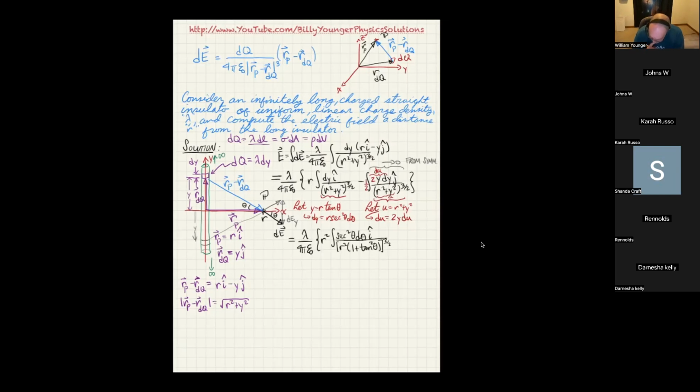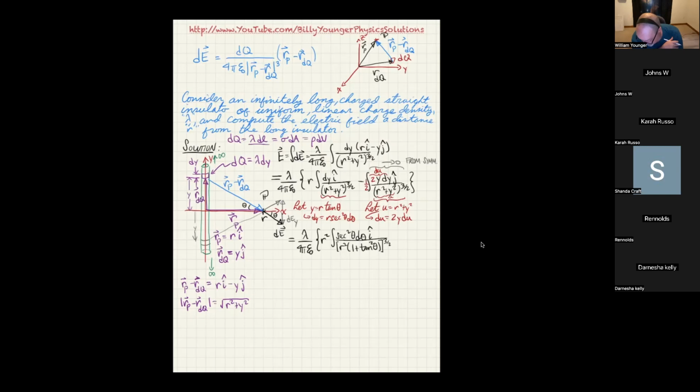Now, hopefully what you'll see is the r squared in the bottom will be acted on by the power of 3/2. So the 3/2 is going to cancel the 2 with the 2 in its denominator. And I'll end up getting r cubed on the bottom, and r squared is already on the top.